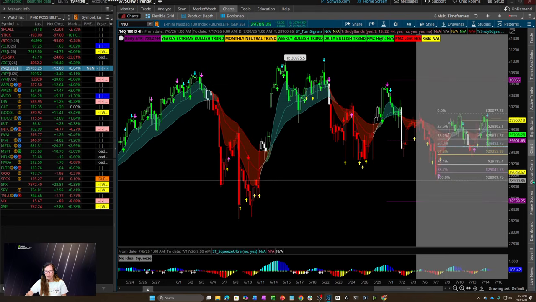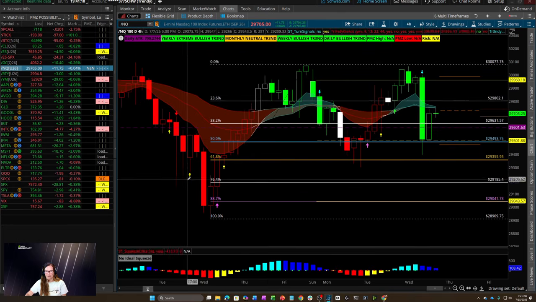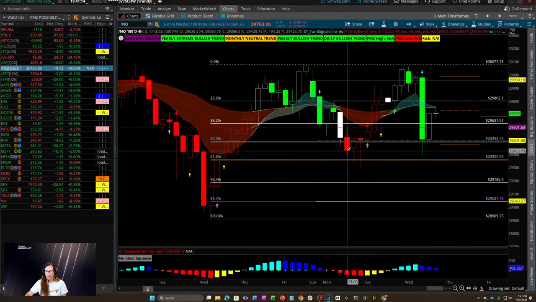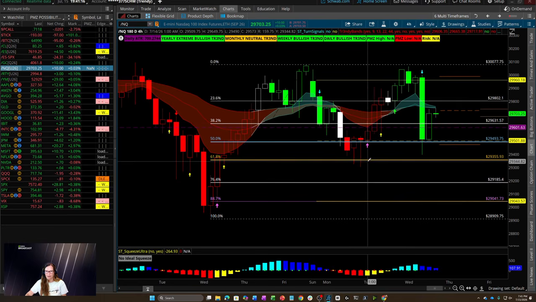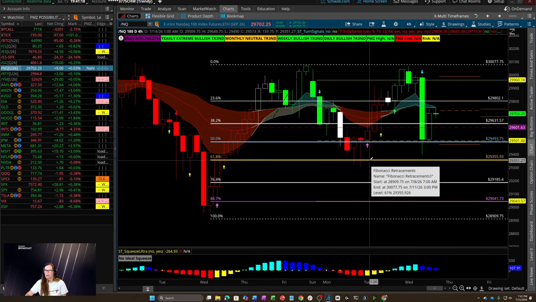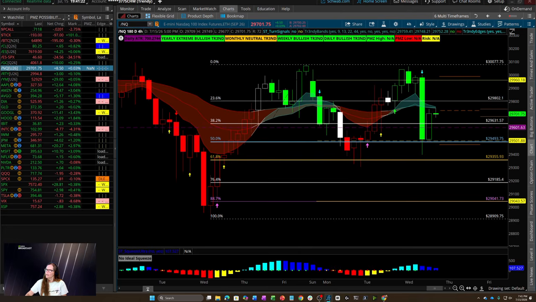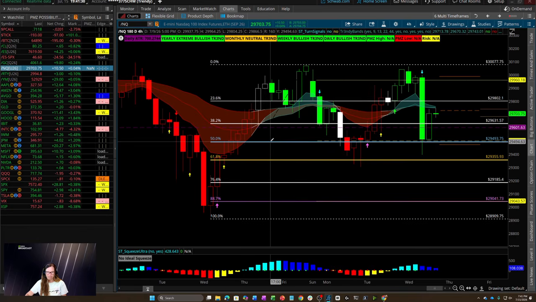All right. So this is the most recent accurate range that is intact because we've had no candles close below the 618. All right, Renata, does that make sense to you? I want to make sure before I move on from that concept.